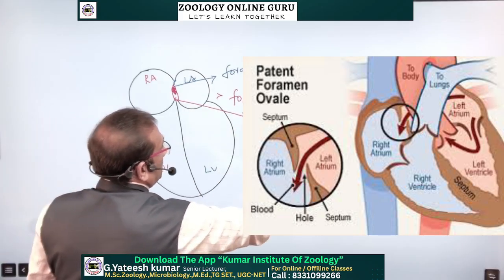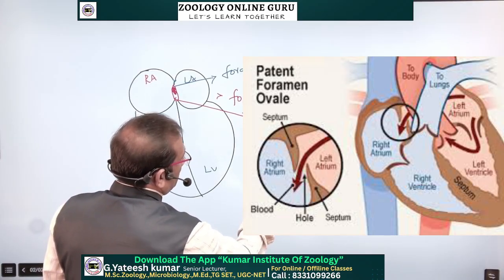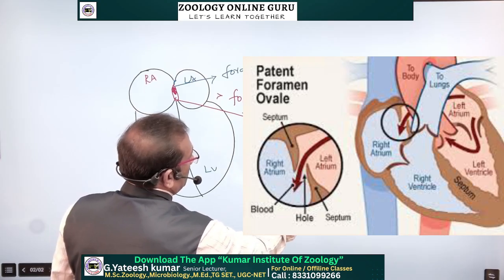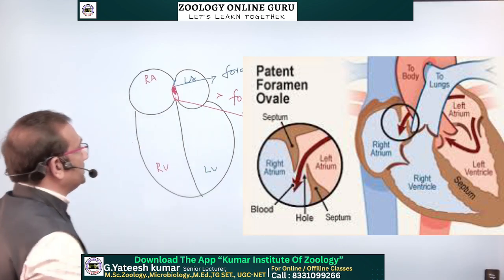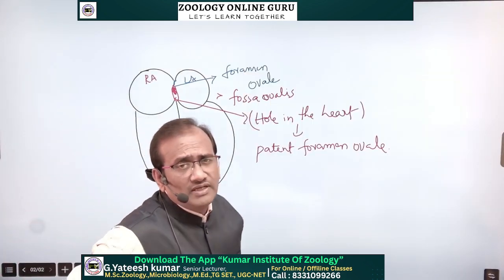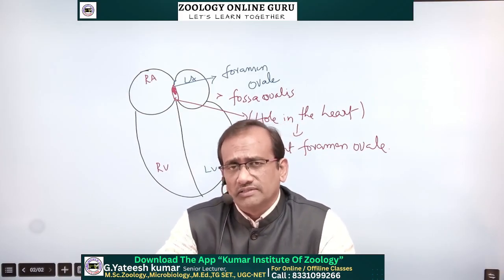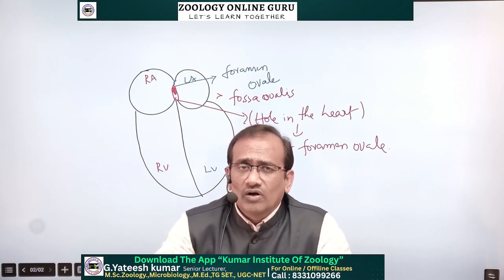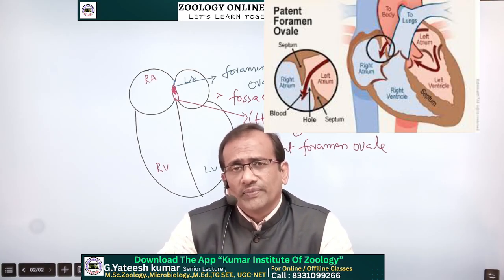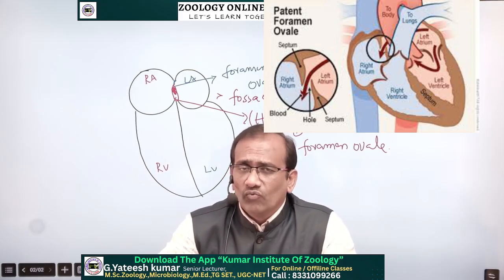In common language it is a hole in the heart; in zoology it is known as patent foramen ovale. This is a disease or syndrome. Actually this foramen ovale closes after birth, but in some rare cases the fossa wall does not close completely and shows a small hole, that is called hole in the heart. In medical terminology, it is known as patent foramen ovale.